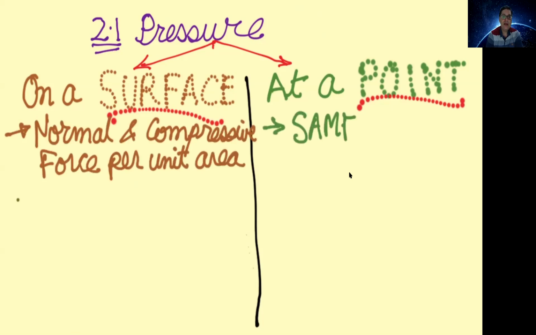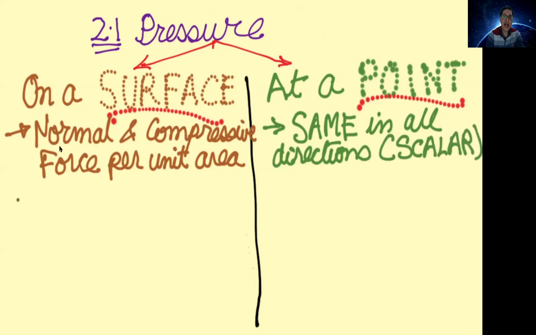So I would mention that the pressure on a surface acts normal to the surface, whether it's a fluid surface or a solid surface, and it is compressive, it is an inward force. It's a normal and compressive force, and pressure is defined as force per unit area.